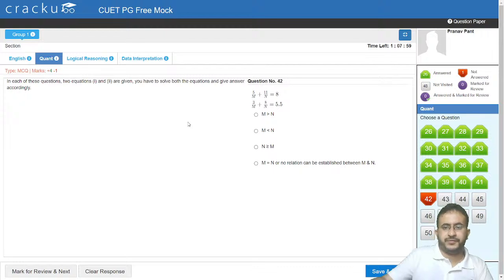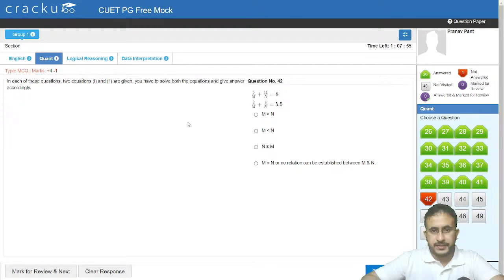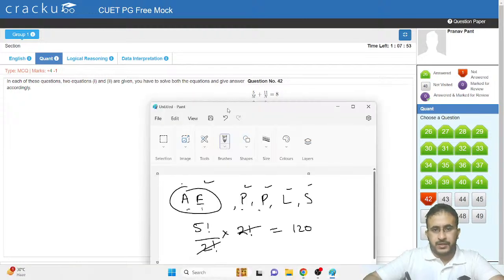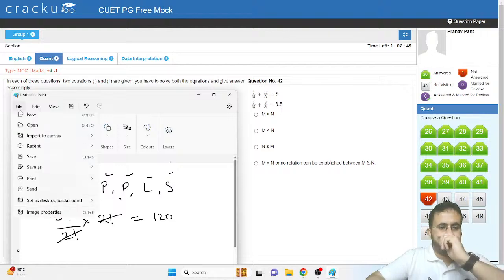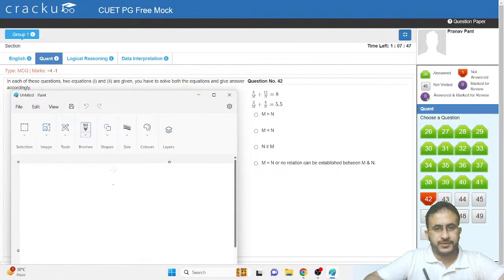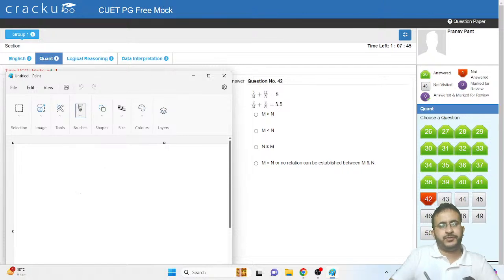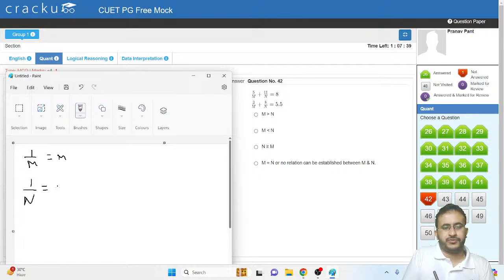Okay, so what we need to tell is which of the following is greater, or we have to find the relation between these two variables. Okay, so in this case let us put 1 upon m is equal to chota m, like small m. 1 upon n is equal to small n.